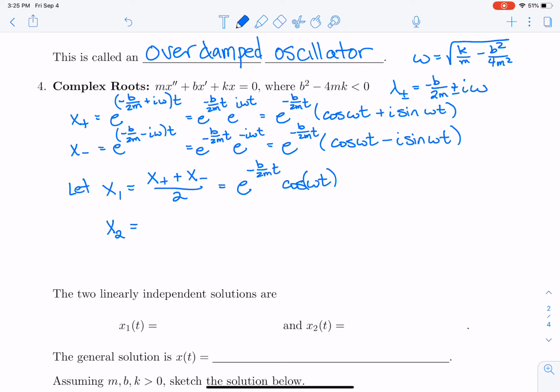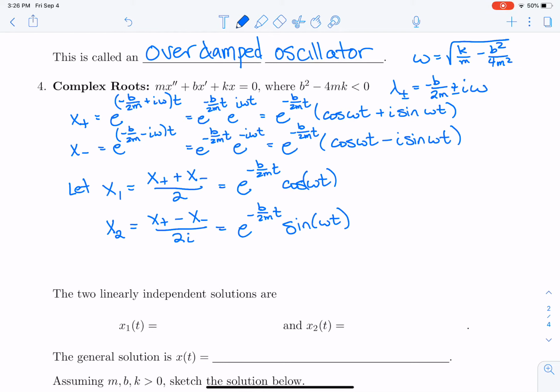x2 is going to be x plus minus x minus over 2I. So that when I subtract these two solutions, the cosines cancel, and what I'm left with is e to the minus b over 2m t sine of omega t. And then the 2 and the I cancel with the 2I in the denominator.